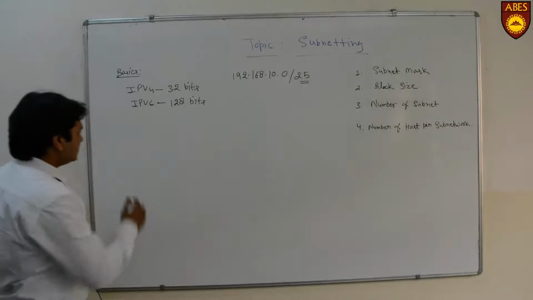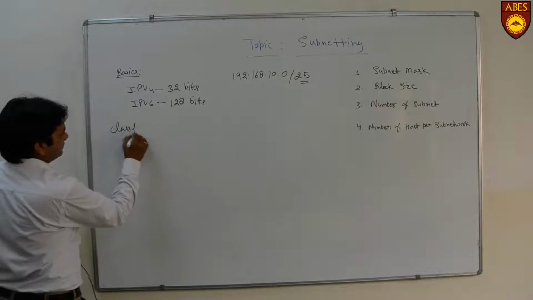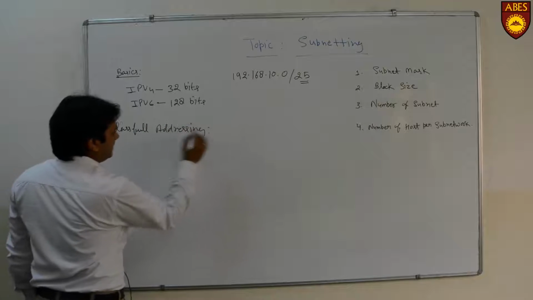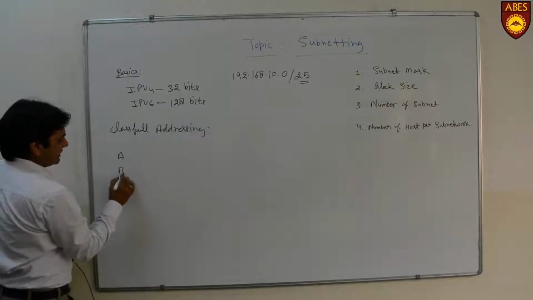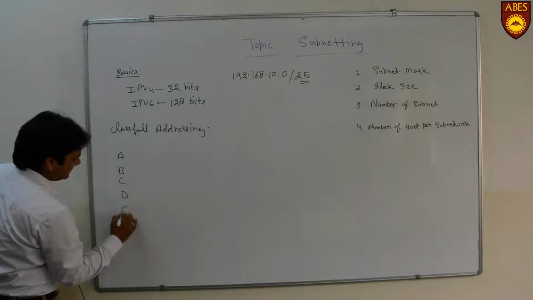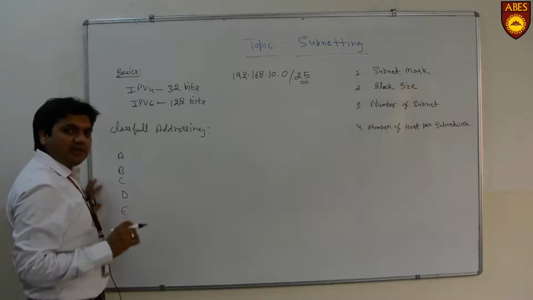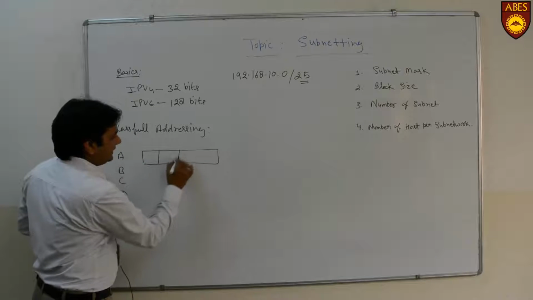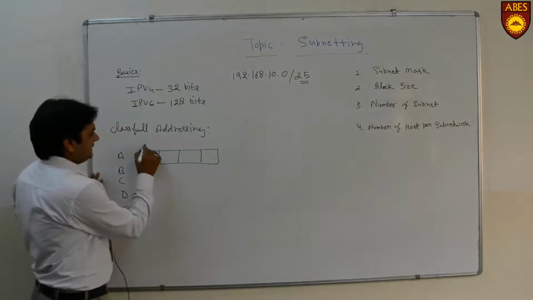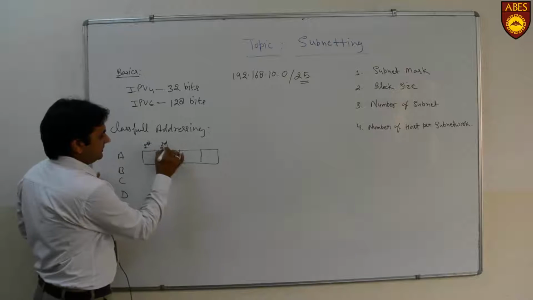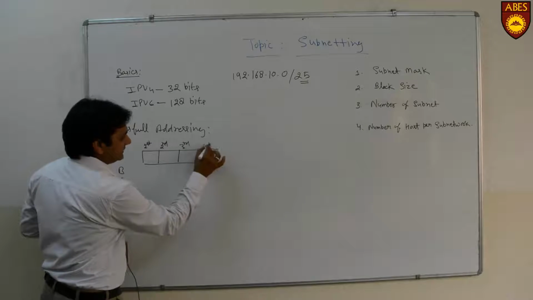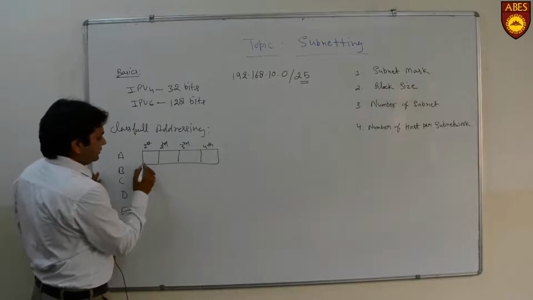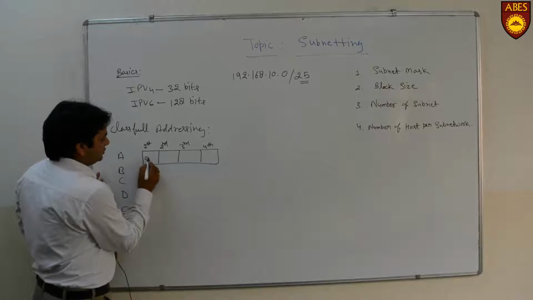In classful addressing, we have 5 classes: class A, class B, class C, class D and class E. Every class has a 32-bit address divided into 4 bytes: the first byte, second byte, third byte, fourth byte. 1 byte contains 8 bits, and using 8 bits you can represent values from 0 to 255.